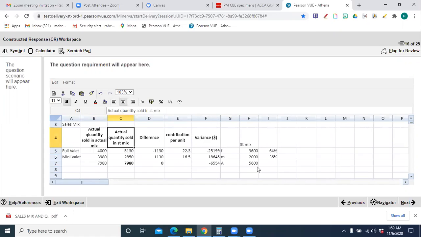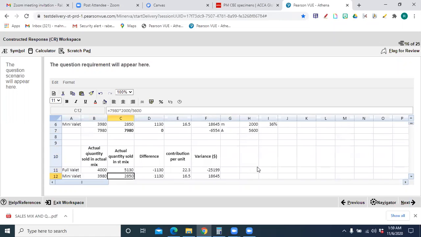Actual quantity sold in standard mix minus standard quantity sold in standard mix.